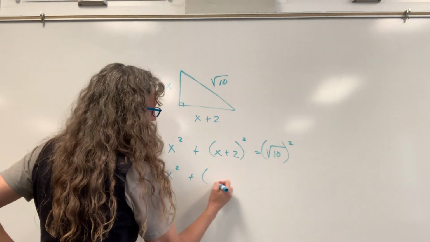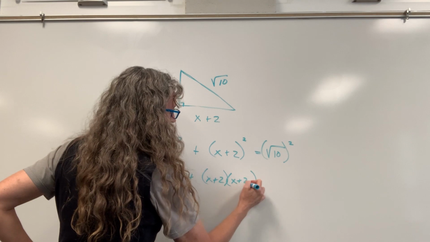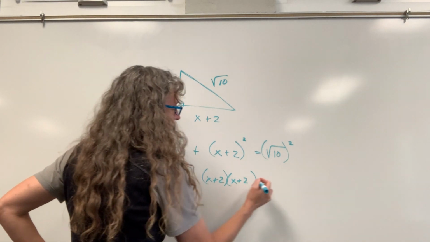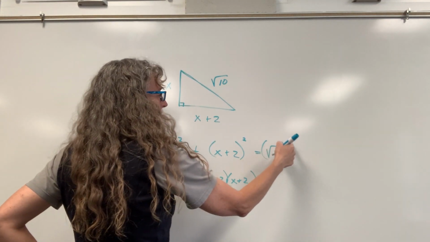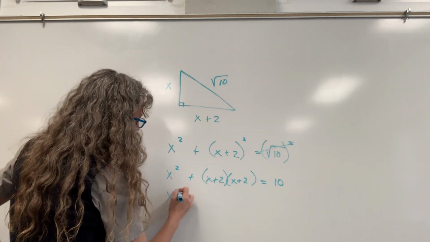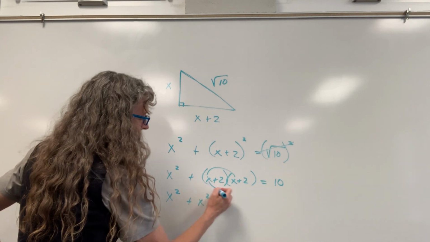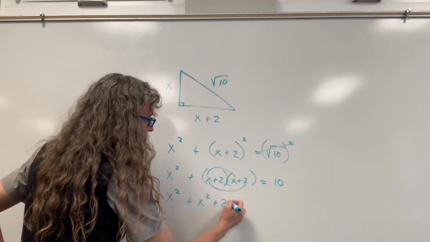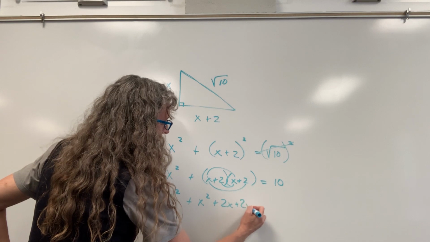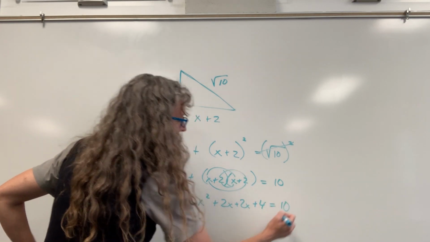Remember, this means you have 2 of them like this, and you have to end up foiling that, okay? If you have a square root that gets squared, it cancels out. It's just 10. So let's go ahead and FOIL. Firsts, x squared. Outsides, 2x. Insides, 2x. Lasts, 4. Okay?